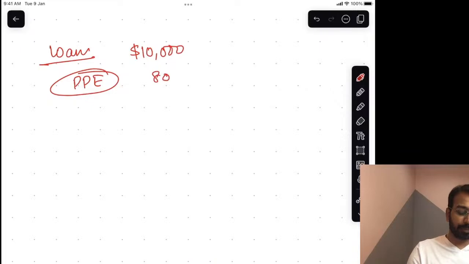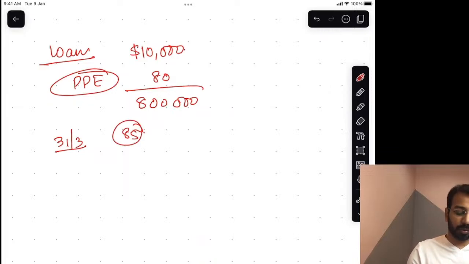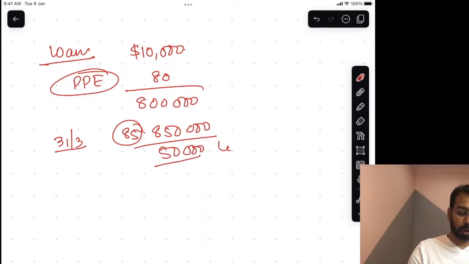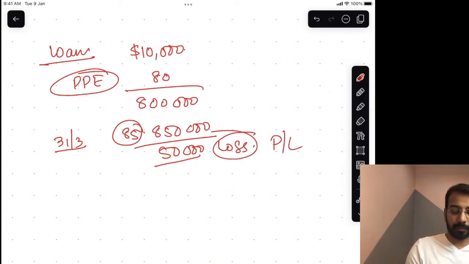The rate is 80. So the value of PPE or the loan is 800,000. Now subsequently, let us say on 31st of March, the rate became 85. So 10,000 into 85, now you have to pay 8,50,000. So 50,000 is the loss. As per Ind AS and as per IAS also, you have to recognize this loss in the P&L.